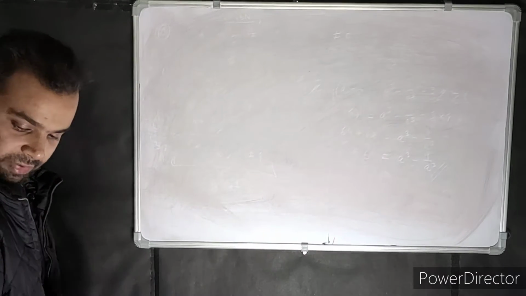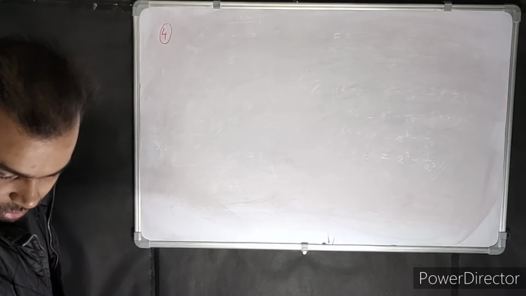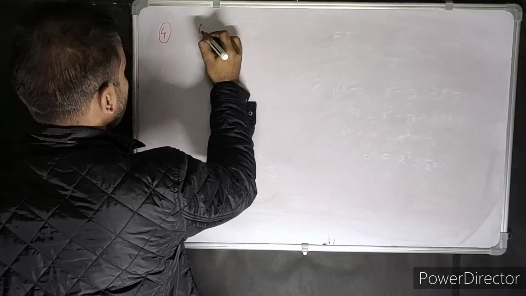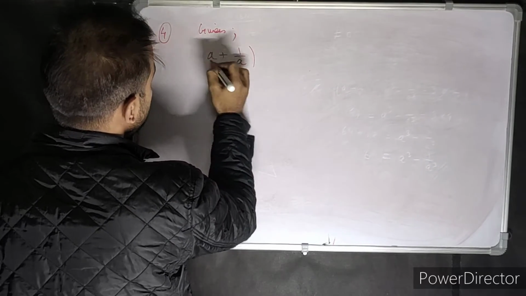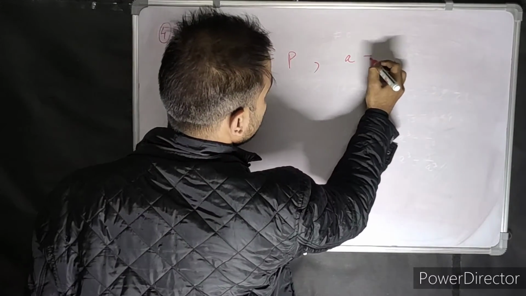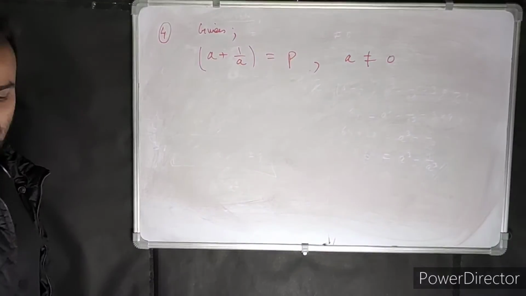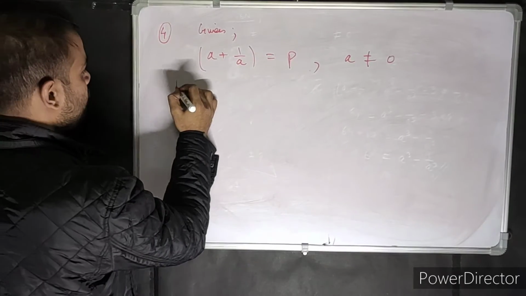Question number 4 is a very nice question because it does not have numbers, it has variables. So we'll try and prove. Given, a plus 1 by a is equal to p, and the condition is also given, a is not equal to 0. Always a will not be equal to 0, otherwise there will be a problem. Now we have to prove.